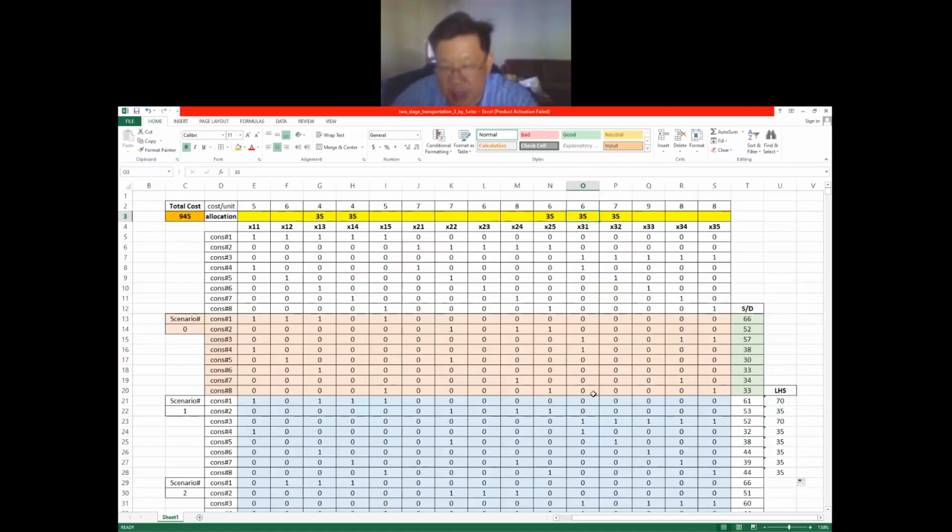The coefficient for scenario 1 of x31 is also 1, so this 35 is valid. So this 35 comes to constraint number 4 here. You send 75, but the customer only needs 32.